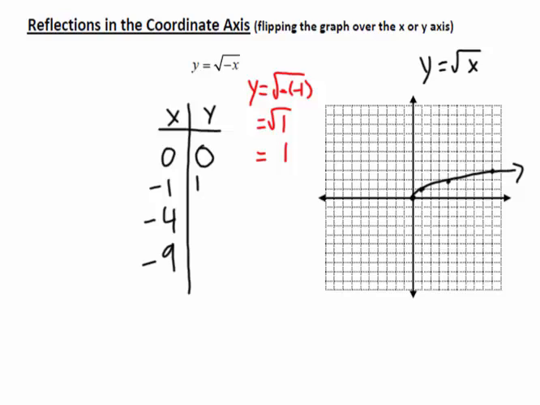The square root of negative negative 4 is going to make it positive 4. We'll make this a 2, and it's pretty easy to see that we get 3 there. So what does this graph look like? Well, we still start at 0, 0. This time, though, to the left: negative 1, 1, negative 4, 2, negative 9, 3, and there's our picture.